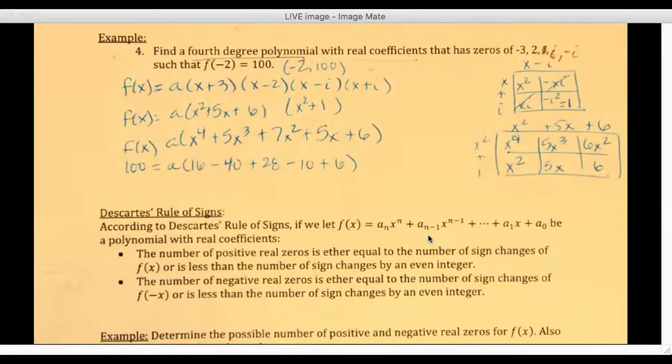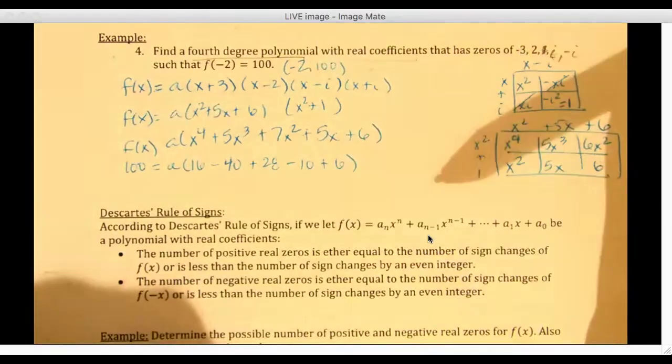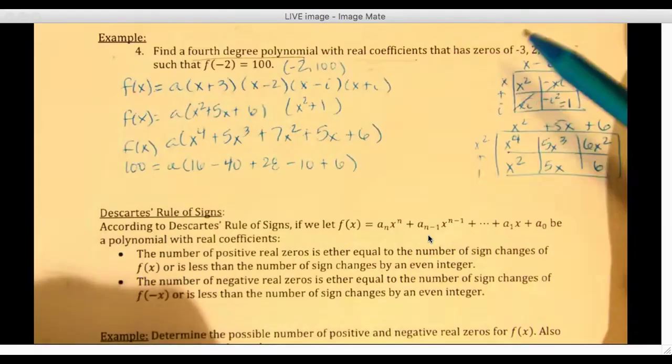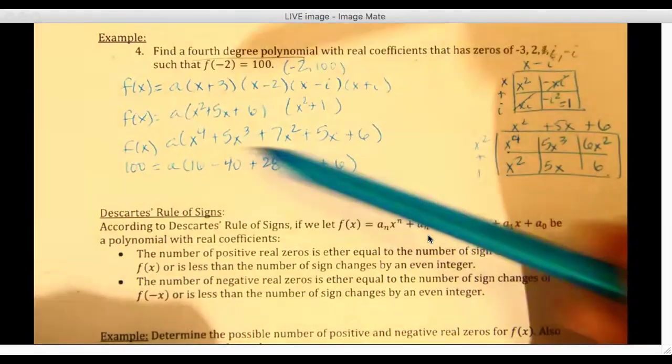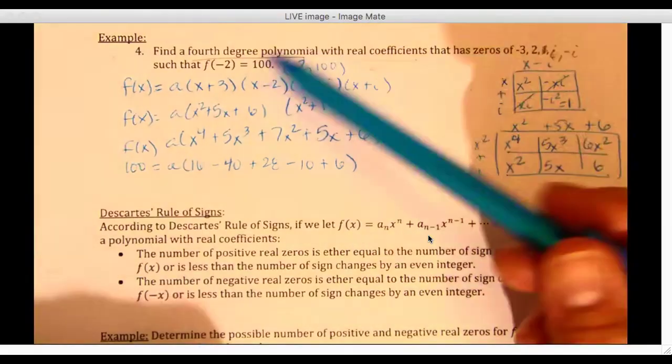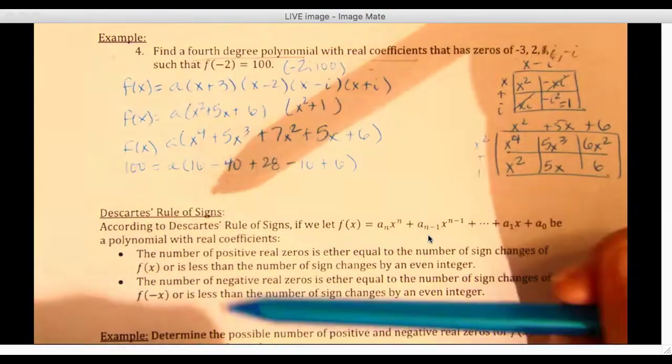Work out that way. Let me double check that because I'm getting that that's equal to 0 and it should not equal 0. So let's see. -2 to the 4th is 16.